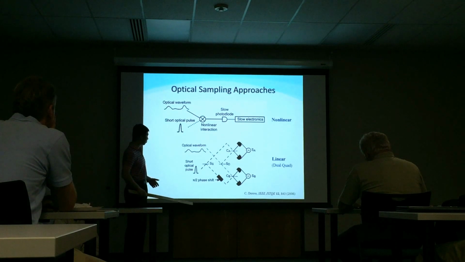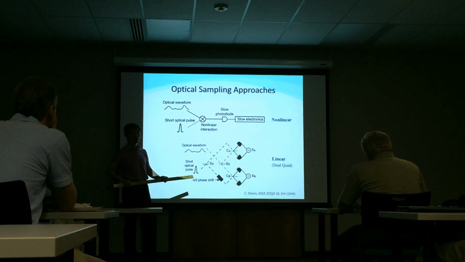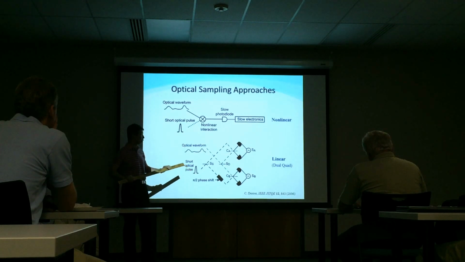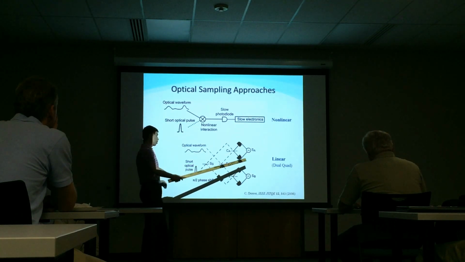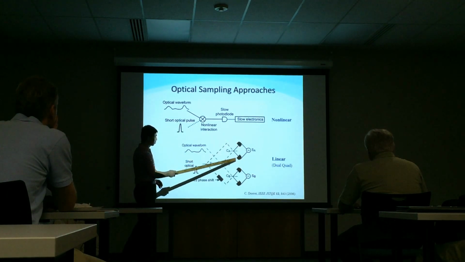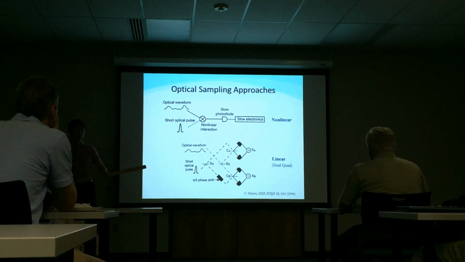You still have an optical wave, you still have your optical pulse, but you create a relatively complex array of detectors with some phase shift. There's theory about that, and I don't want to get into details. Typically, it's called a dual quadrature detector system. You use two balanced detectors with a phase shift, and use just a simple linear interference signal, and you can still figure out what the optical waveform is.